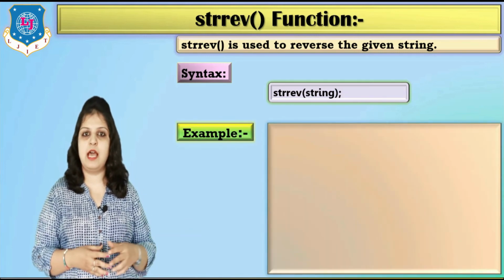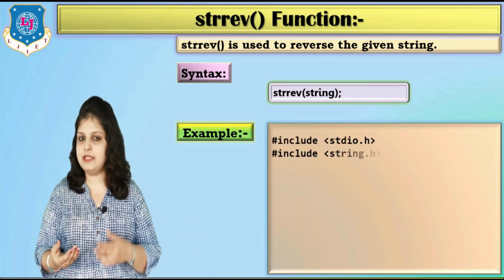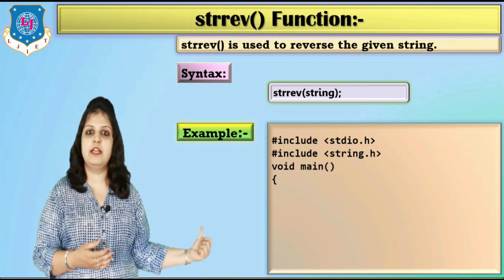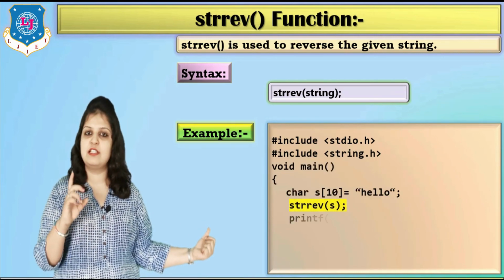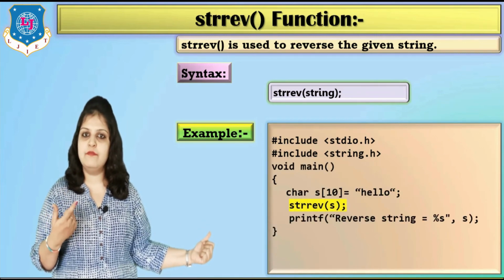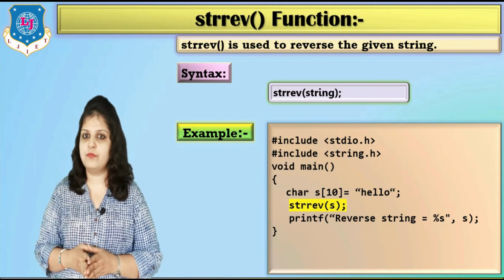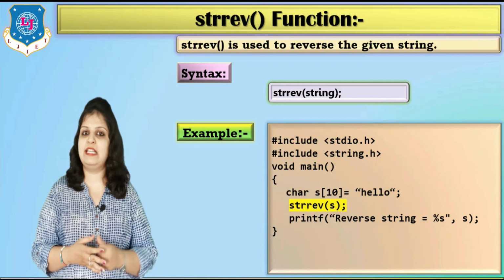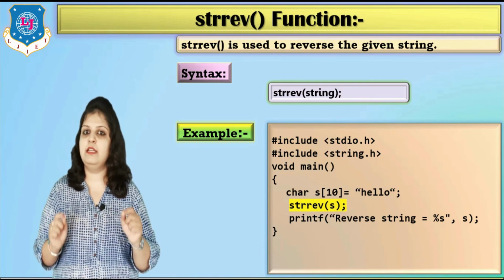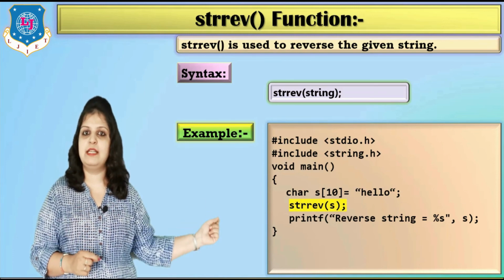Just see with an example, include the header files and main function, and here I am taking only one string because I want to reverse only one string, that's why char s[10] is equal to hello. Now write the function, that is strrev, and in brackets write your string name, that is s.